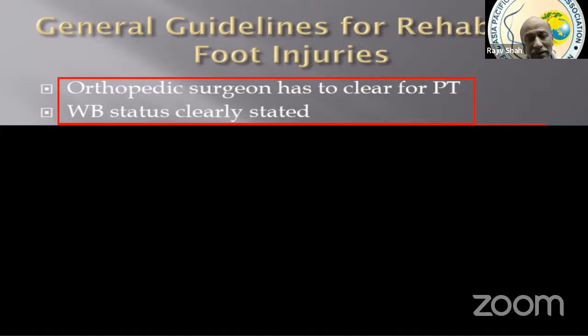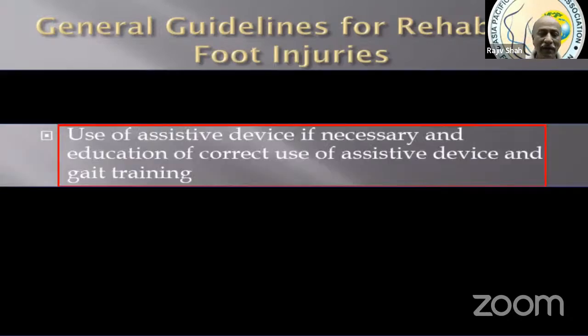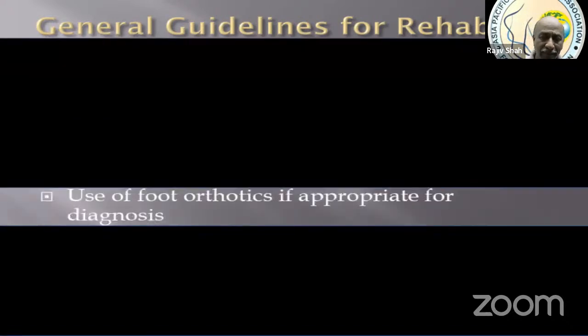Even if you feel that this physiotherapist would not overstep, you need to mention that. Use of an assistive device is also important, whether you want the patient to use a stick or a walker. And use of foot orthotics.